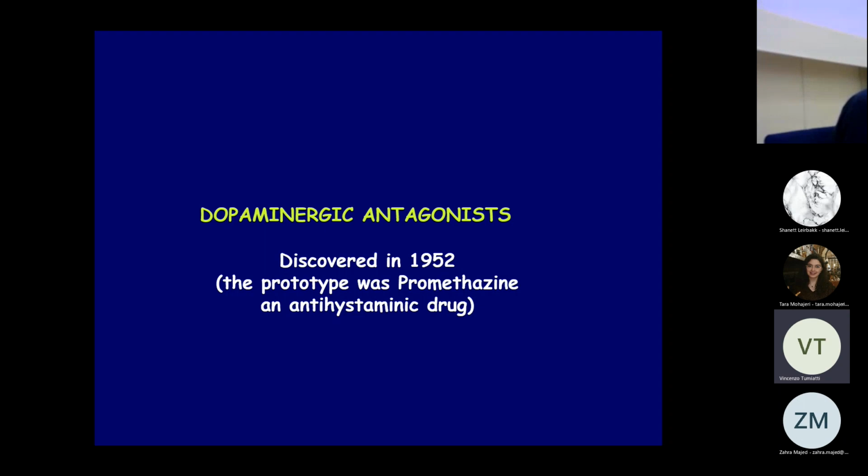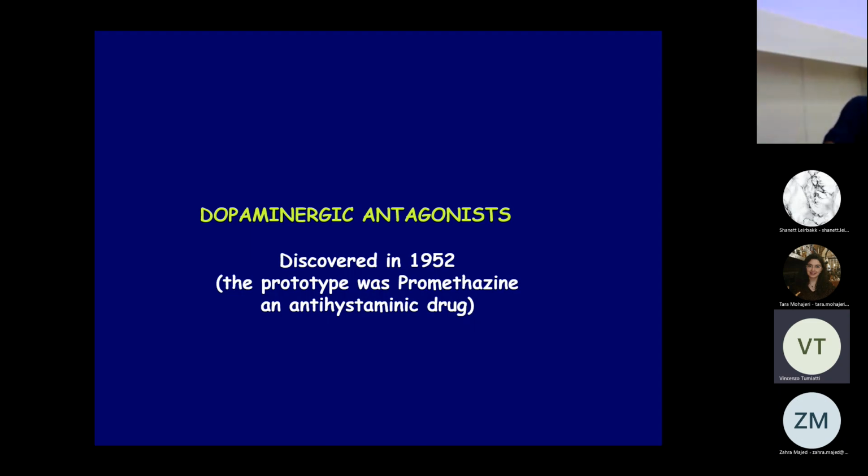But an important side effect was a strong sedation of the patient. The patient who uses this type of compounds has no strength. He tries to sleep, to stay on a chair without strength, without any other reaction.